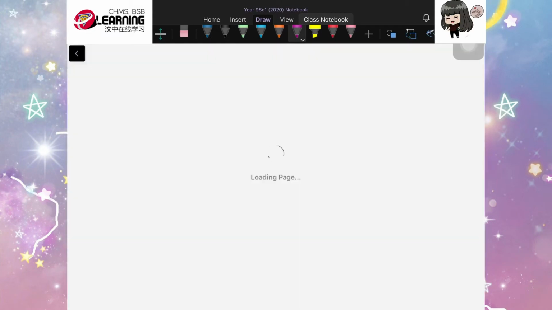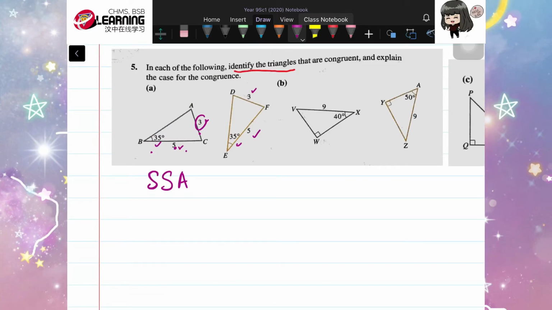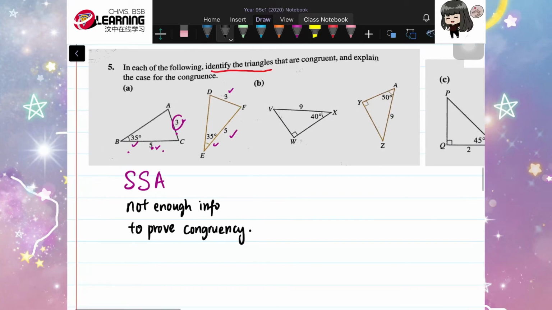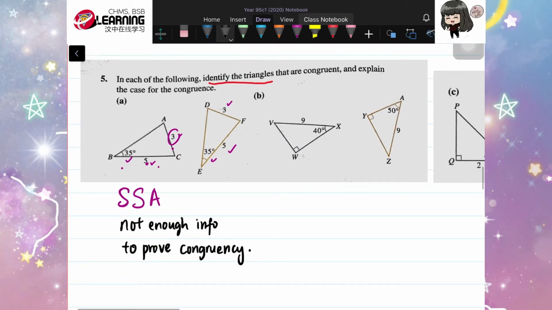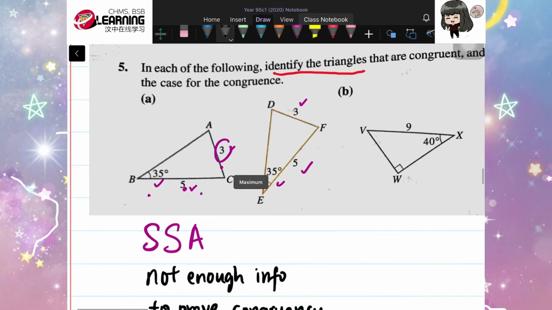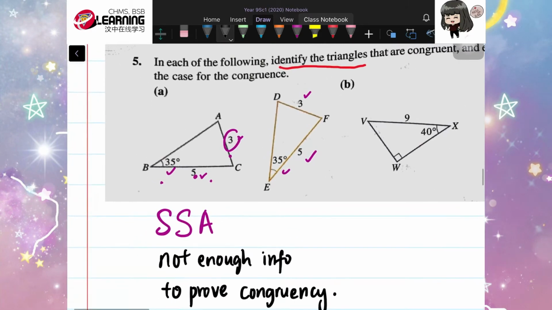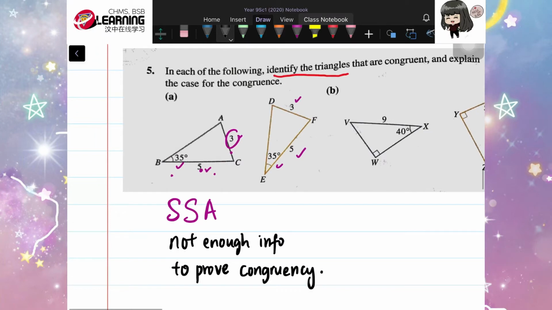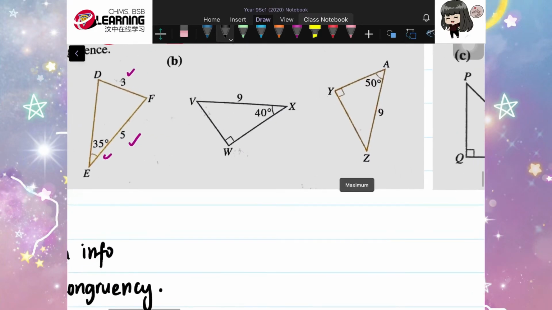So for part A, since it's SSA, the answer is not enough information to prove the congruency. So part A is not enough to prove, even though it seems like they are congruent, but there's not enough information because it's not among all the 5.